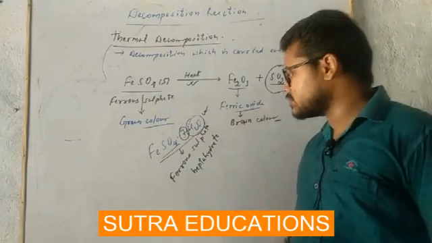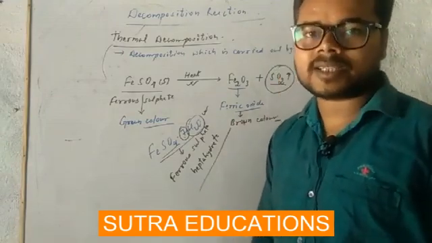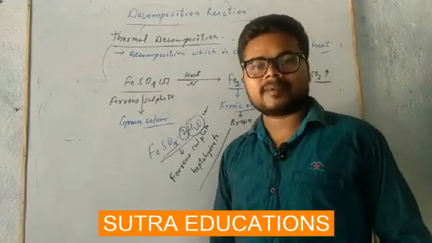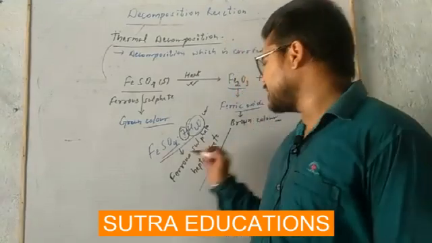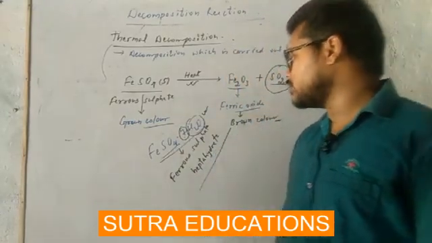So its name is ferrous sulfate heptahydrate. Got it? Why heptahydrate? 7 H2O is there. To represent 7 hepta is used, and hydrate is representing H2O. Okay, so FeSO4 7H2O.